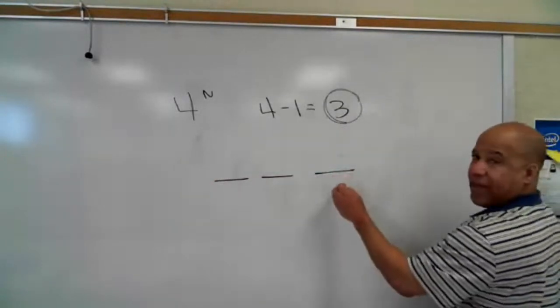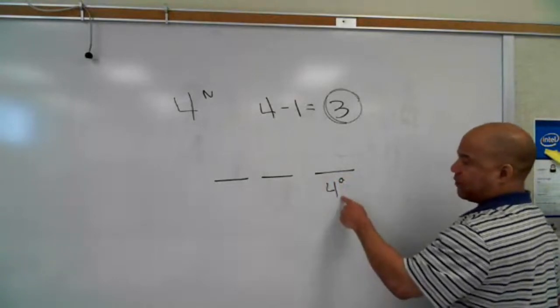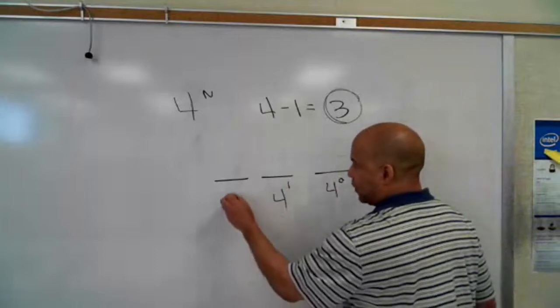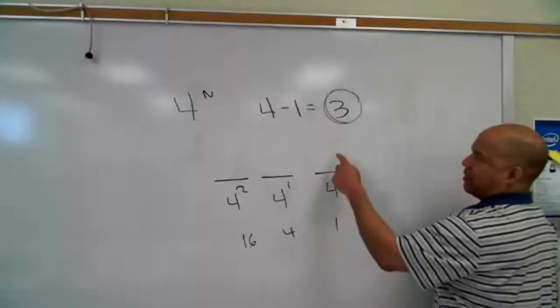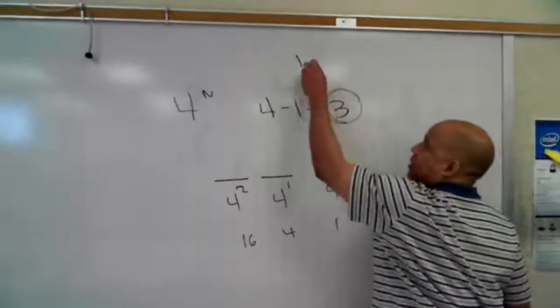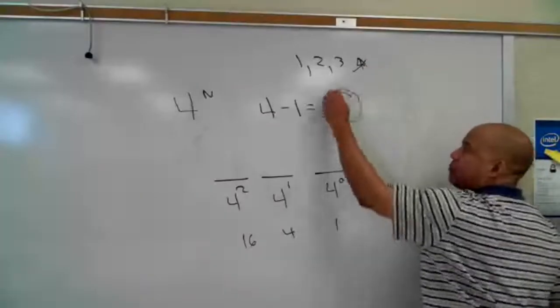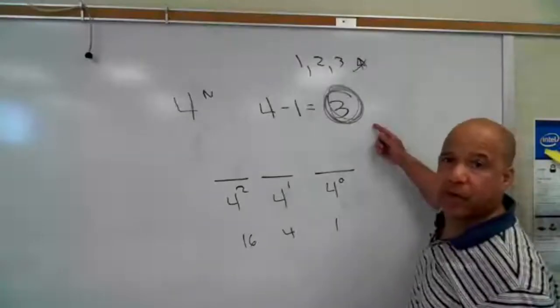It's always the base to the 0 power. This is 4 to the 0, the weight or place value of this position. This is 4 to the first. This is 4 to the second. So this will be a 1, a 4, a 16. And I can put the digits 1, 2, 3. I can't have a 4, because the highest digit I can have in the base 4 number system would be a 3.